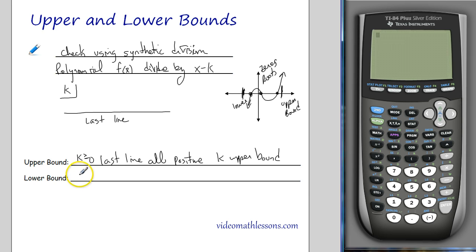For the lower bound, we're going to compare it to k less than or equal to 0. If the last line is alternating signs, like plus, minus, continuing on for however big it is, plus, minus, then k would be the lower bound.